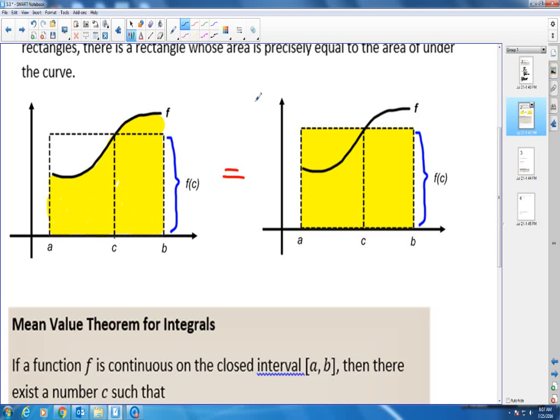If you're not quite sure what I mean by this average value, just remember that at this point where I pick c, the x value is c and the y value is f of c. If I go straight back to the y-axis, this is your f of c right here. So this y value is what we call the average value, and this average value is referring to the height as well.